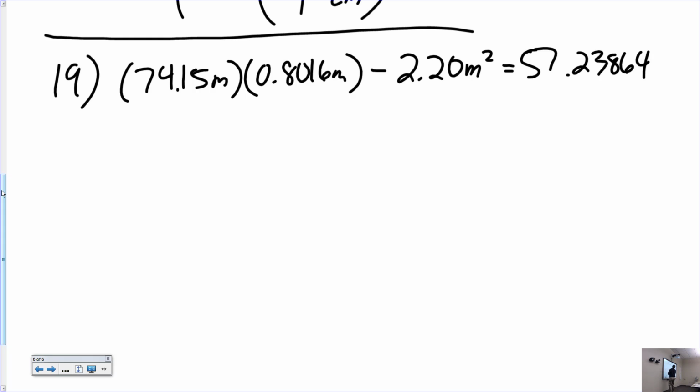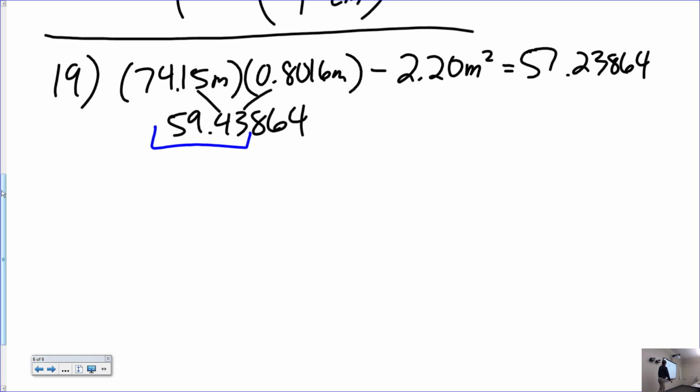The key is, remember, the first thing you do is multiply these 2 numbers, because multiplication comes first. You get 59.43864. Now, how many of those digits do I get to keep? Since I'm multiplying, this is significant digits. This has 4, this has 4. I get to keep 4 digits. You don't have to round it or anything.